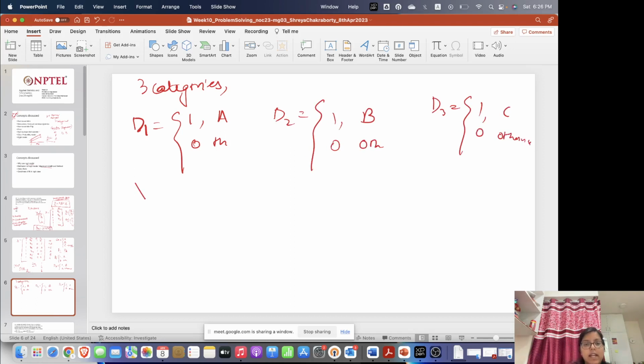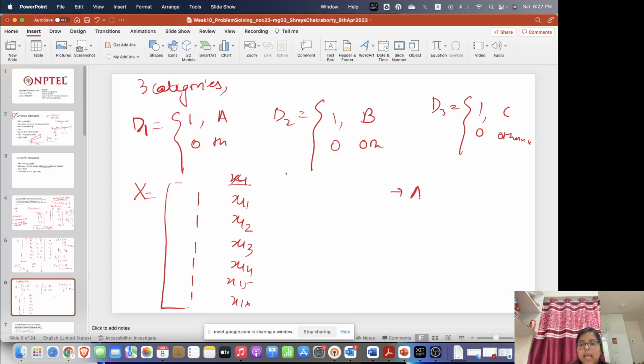So then if we write the X matrix, let's say this is x1, that column. Okay, so the first one was A, B, C, again A, B, C. Okay, so D1, D2, D3.